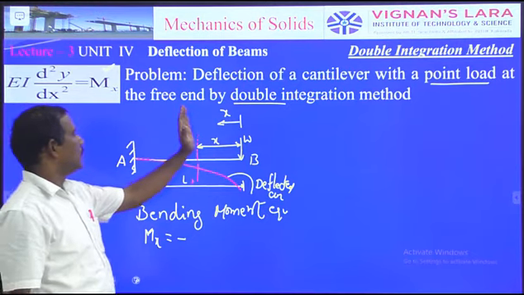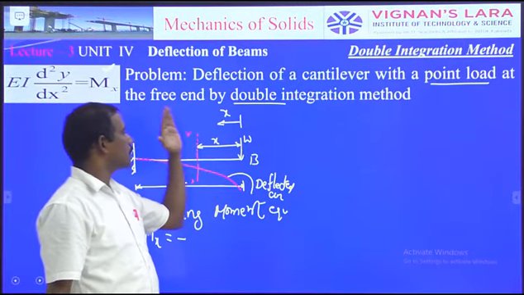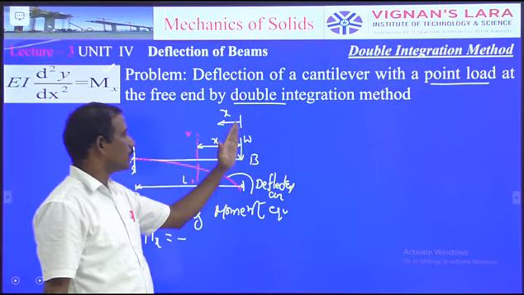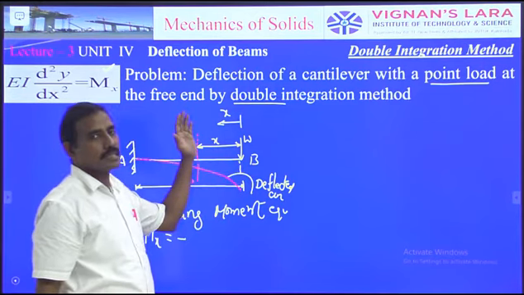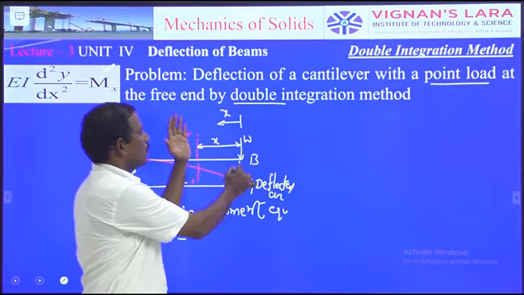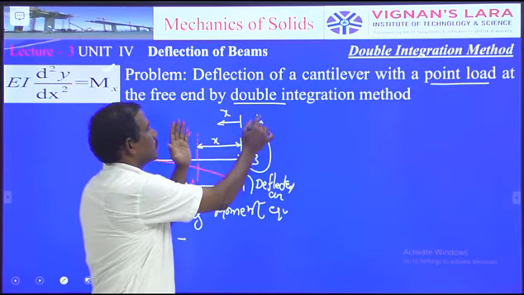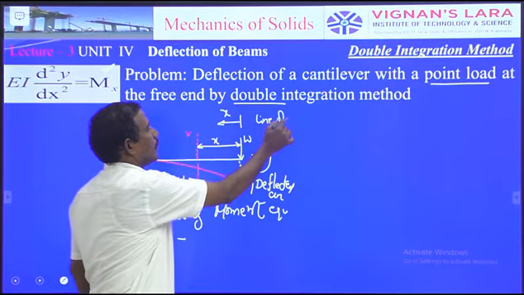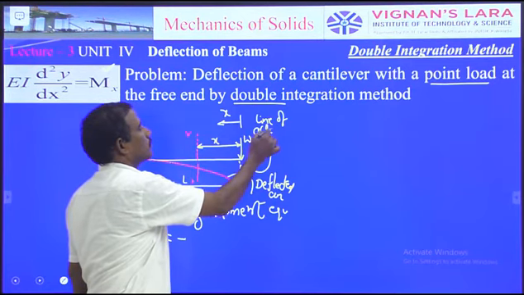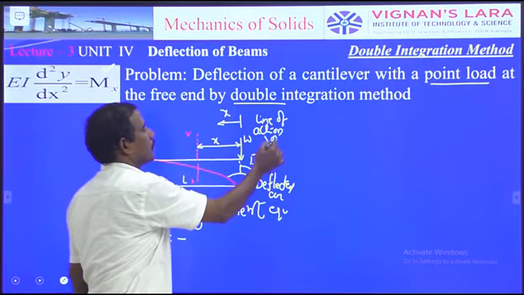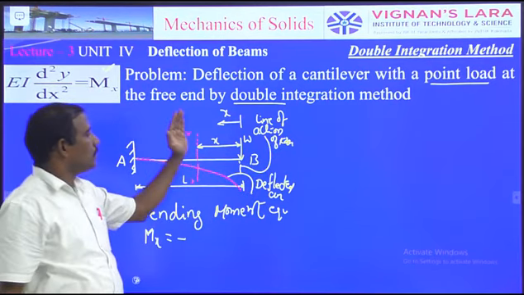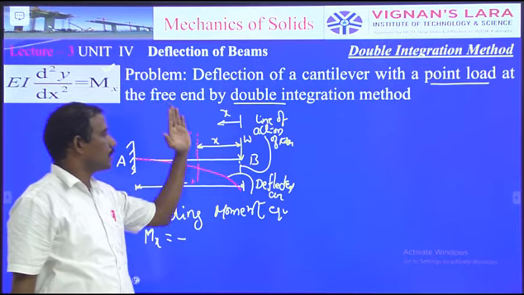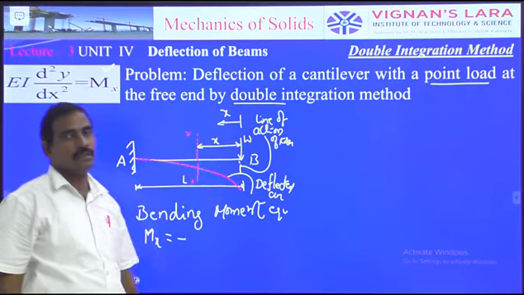What about the definite perpendicular distance from the section XX to the line of action of the force W? This is the section XX, and this is the line of action of the force. The definite perpendicular distance from the section XX to the line of action of the force is x.